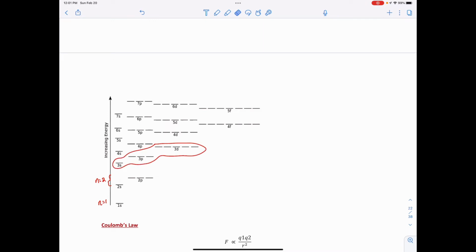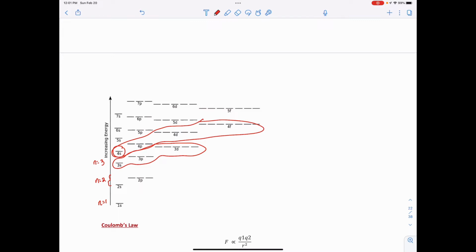But because of the different amounts of energy that these orbitals have, you'll notice the 3Ds are a little bit higher and the 3Ss are a little bit lower. It gets a lot more confusing because these orbitals start to overlap each other. If you look at the 4s, because it has a lower energy, it's actually lower than the 3D.